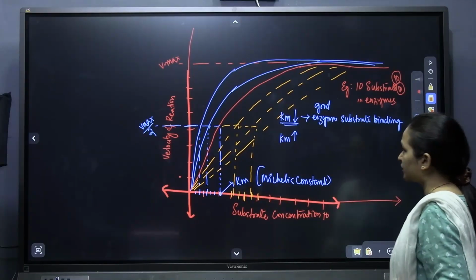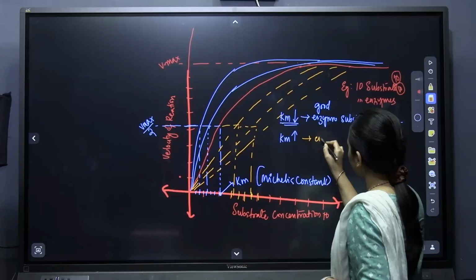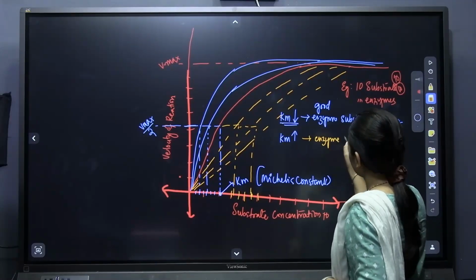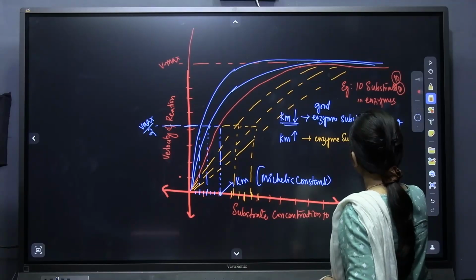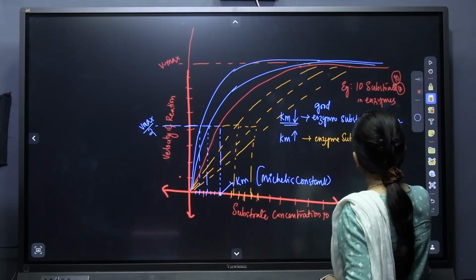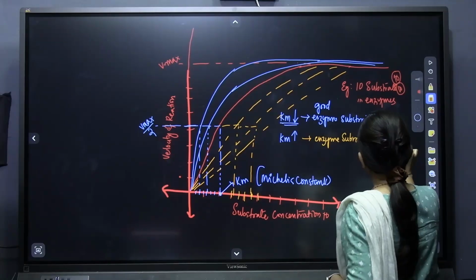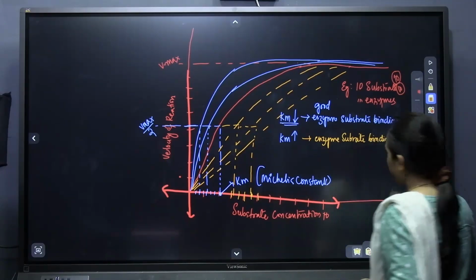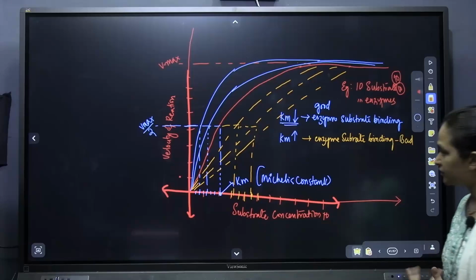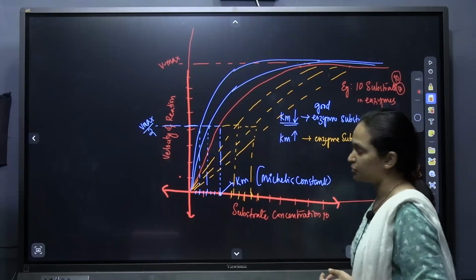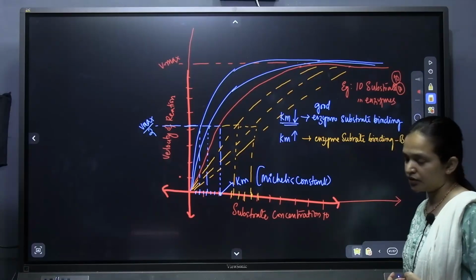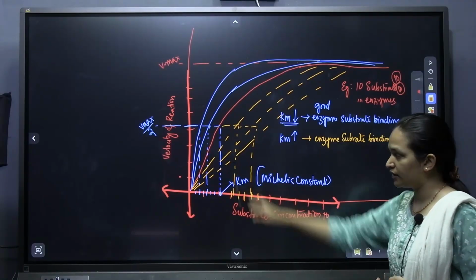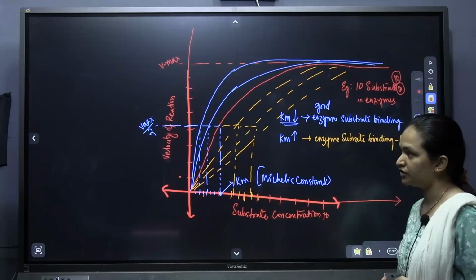If the Km goes on increasing, enzyme substrate binding is bad, isn't it? The enzyme is not binding well with the substrate, that's why it is very slow. Understood? This is the graph of substrate concentration versus velocity of the reaction.